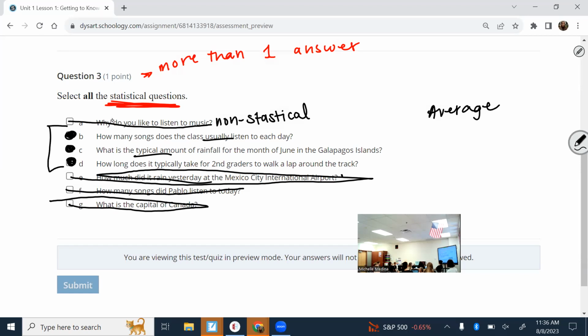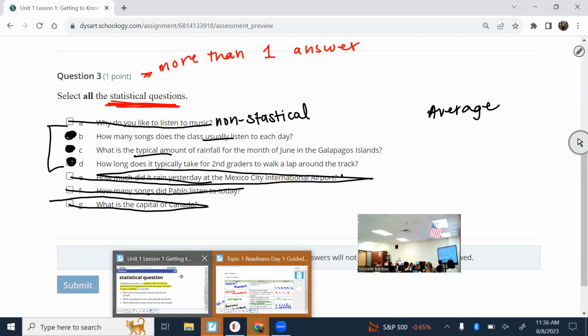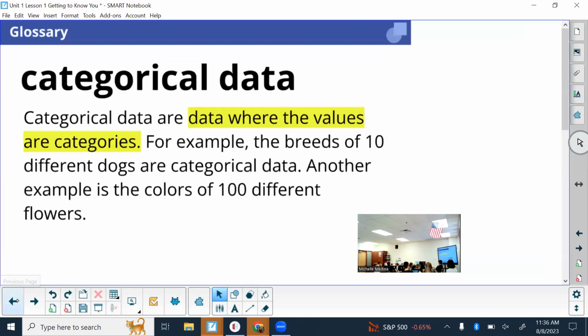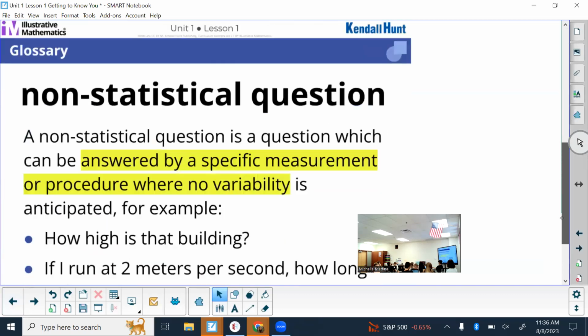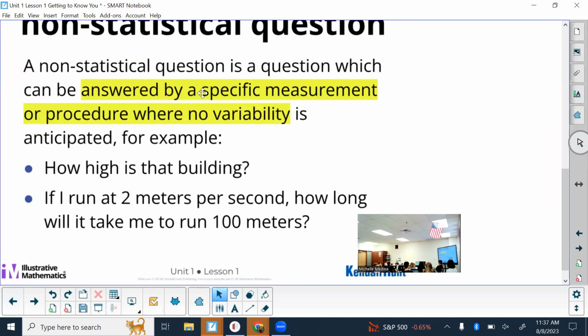Okay, so I agree that this one's a bit more confusing because you could have a range of answers. So I agree with you there. However, let's look at the definition of non-statistical. Non-statistical questions can be answered by a specific measurement or procedure where no variability is anticipated. So how high is that building? If I run at 2 meters per second, how long will it take me to run 100 meters?